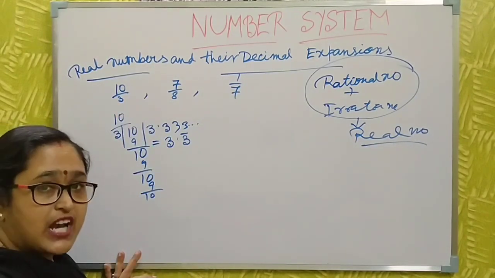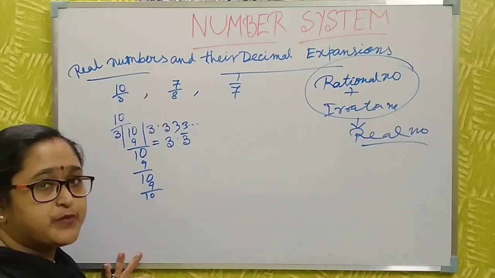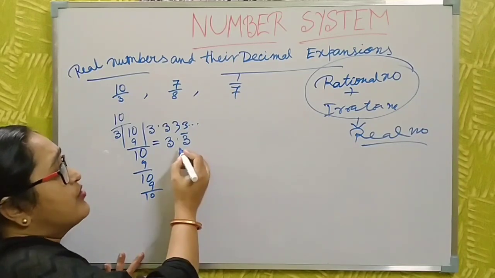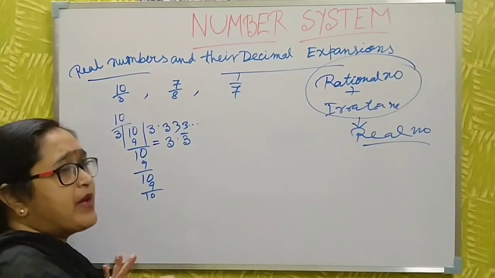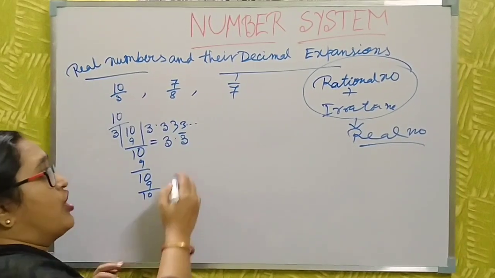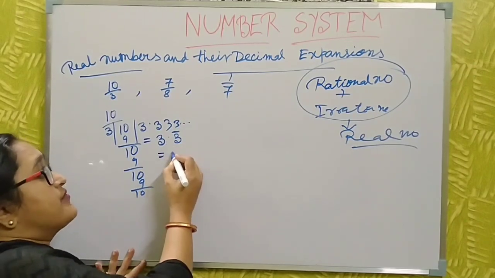What is a rational number? The number which can be expressed as P by Q is called a rational number. Then you say, is this a rational or irrational number? It is a rational number, because you can write this number in this form.